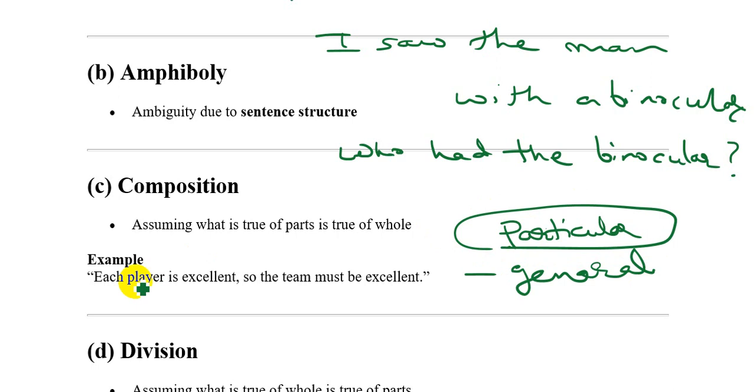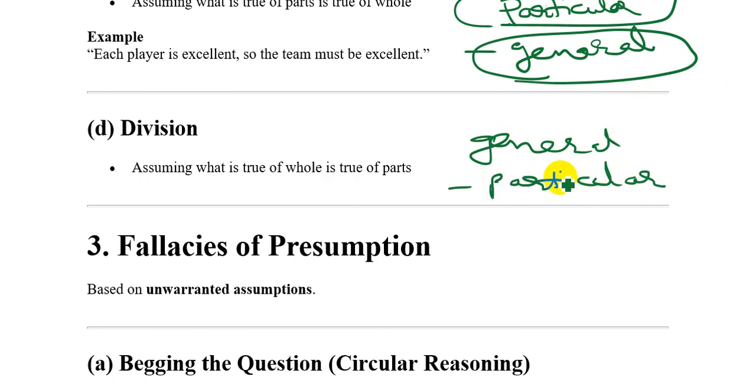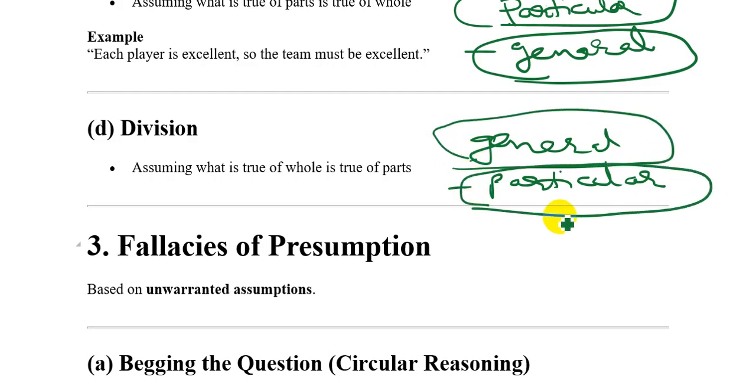For example, each player is excellent, that is particular, so the team must be excellent. So we are generalizing for the whole team. Whereas fallacy of division is the reverse, from general to particular. We can say the whole machine is heavy, therefore each part must be heavy.